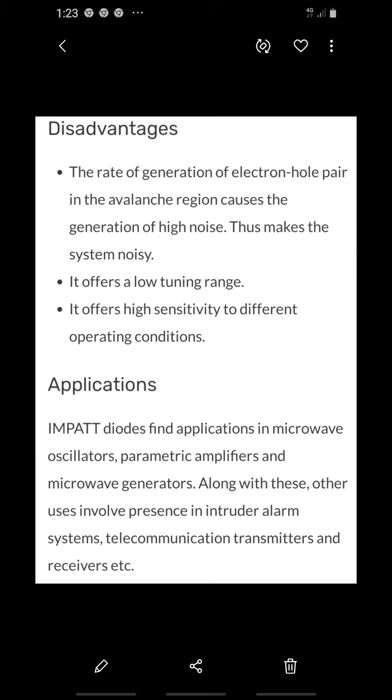Applications. Impact diodes find application in microwave oscillators, parametric amplifiers, and microwave generators.